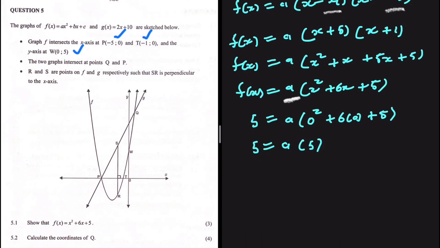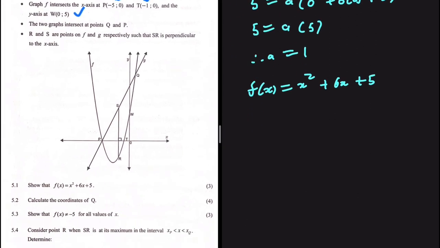It will be easy to see now that a is equal to 1. So f(x) is just equal to x squared plus 6x plus 5. That is 5.1. Let's look at 5.2.